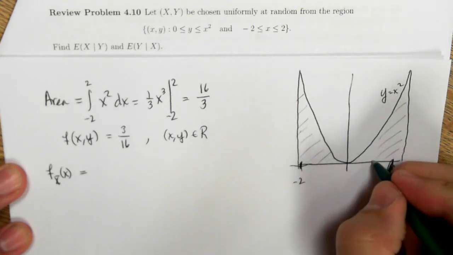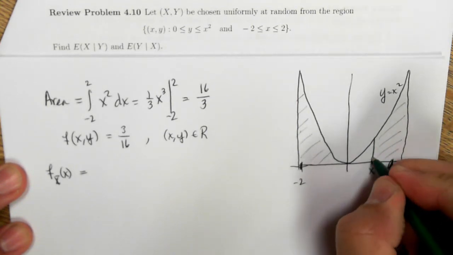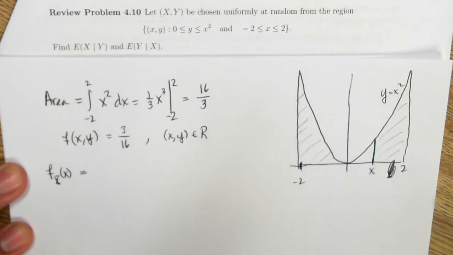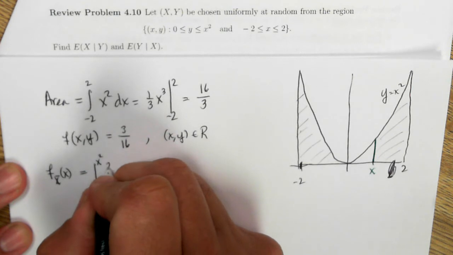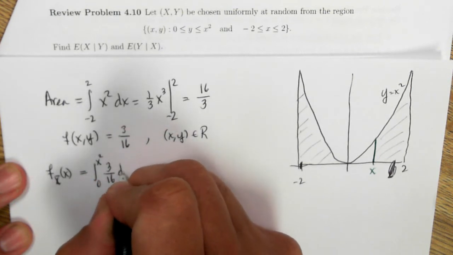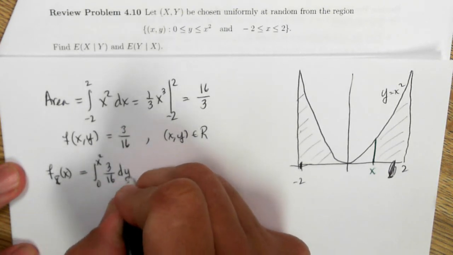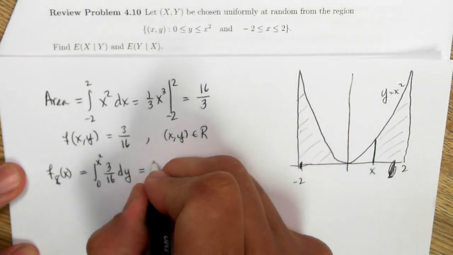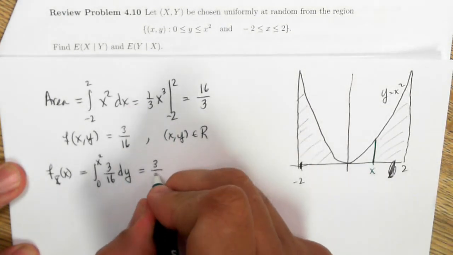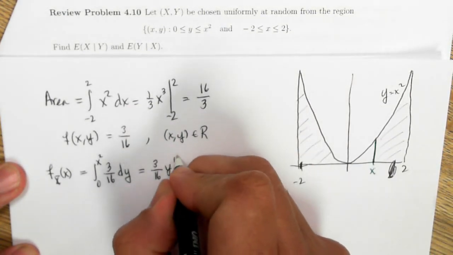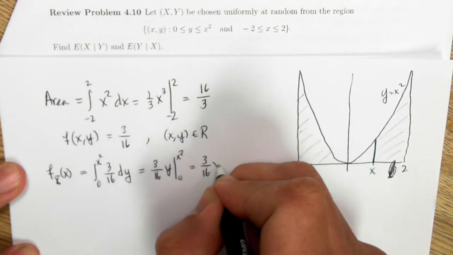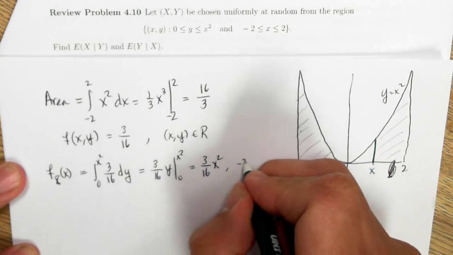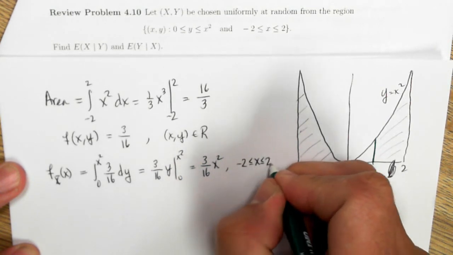I fix a value of x, and then I integrate over the possible values of y. That will be the integral from 0 to x squared of the joint PDF, 3/16 dy. That will be 3/16 y, evaluated from 0 to x squared, and so we get 3/16 x squared. The possible values of x go from -2 to +2.